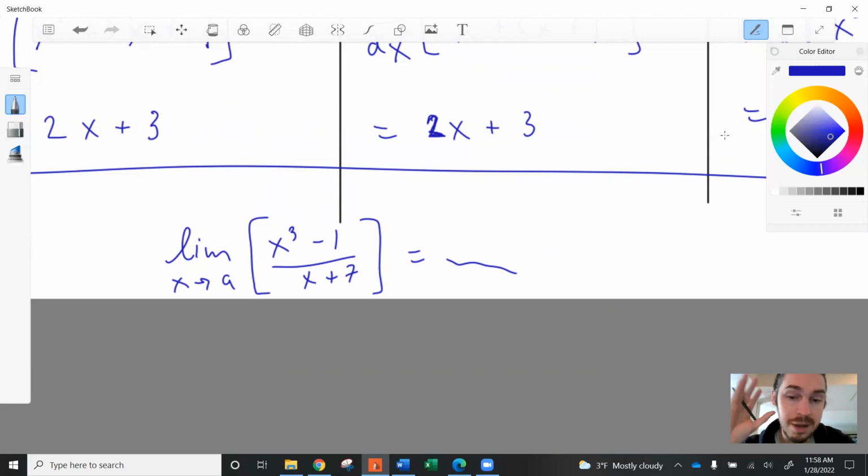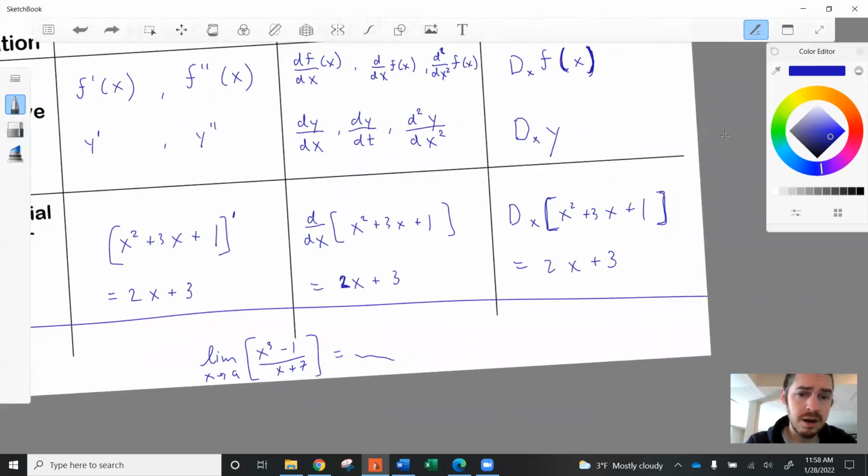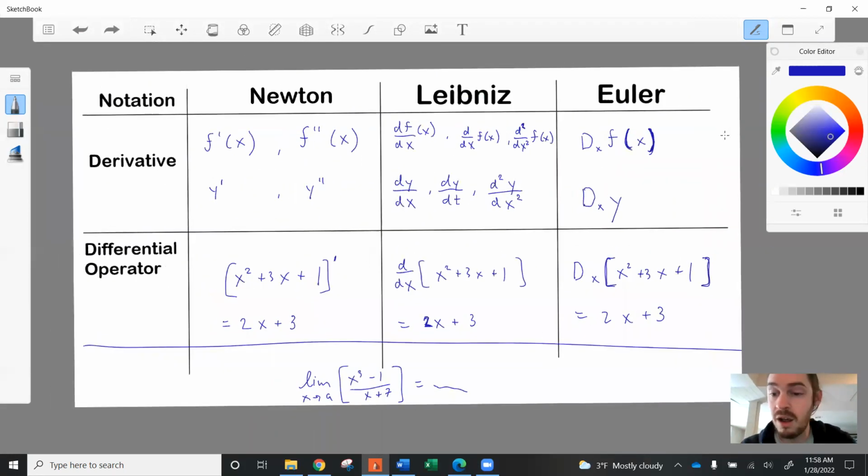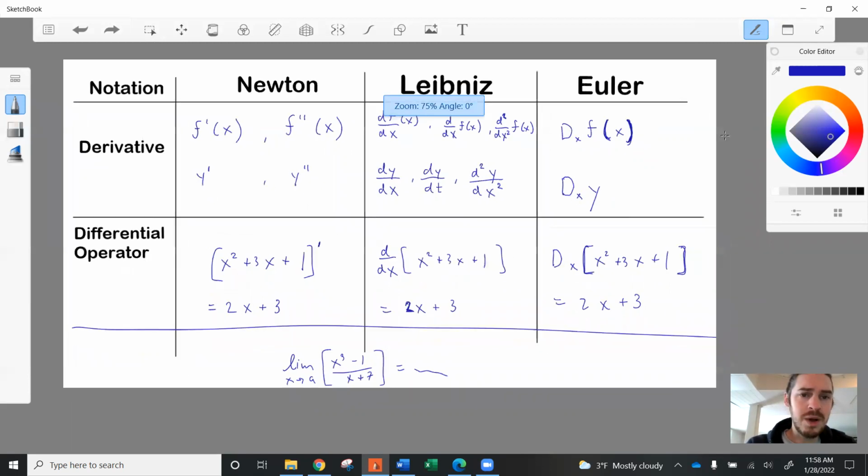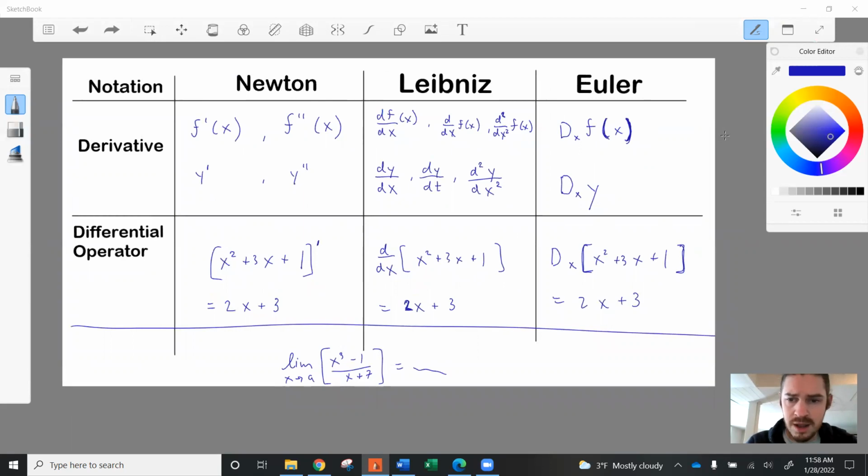But it's another type of operator. So we have the limit operator, we have the derivative operator. Later this semester we'll also learn another process called integration, and that also is a type of operator. Okay. There we go. That's the video on notation.